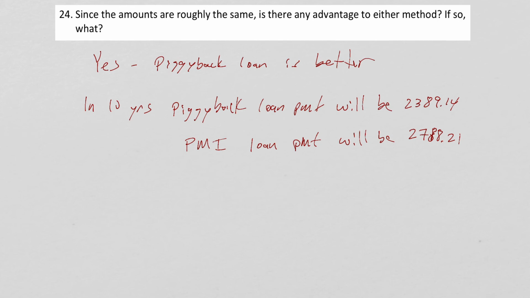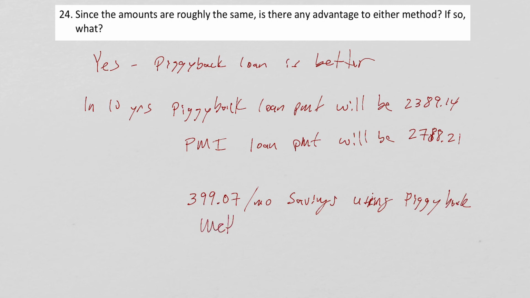So for the remaining 20 years, you're going to be saving about $400. This is the piggyback method. Okay.